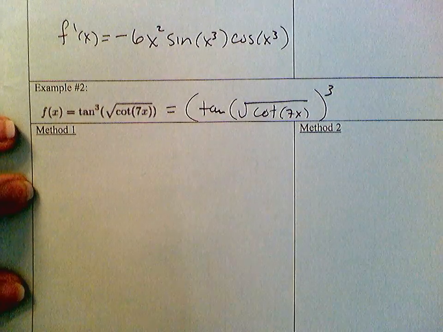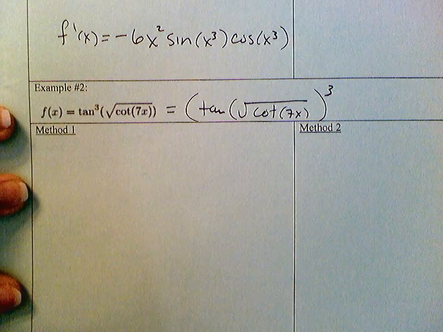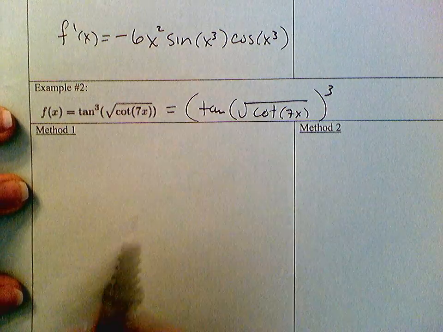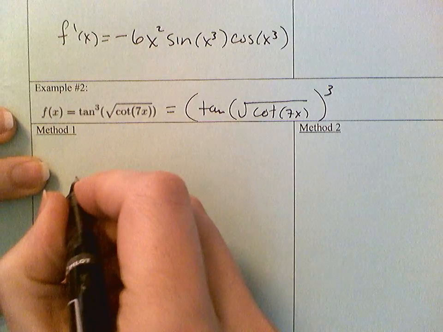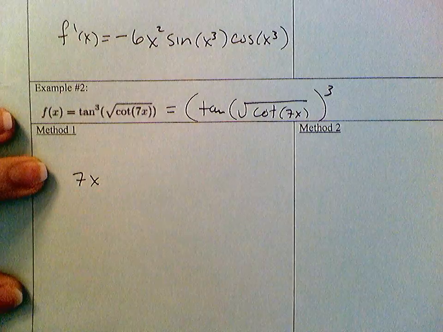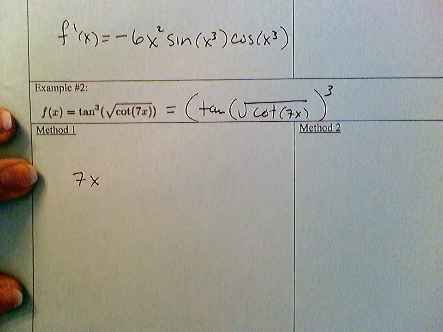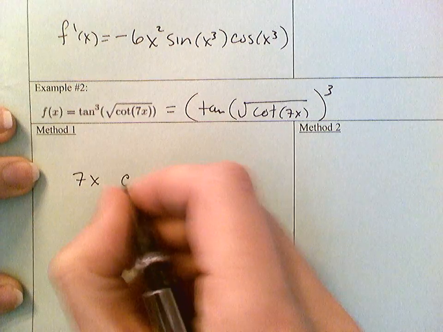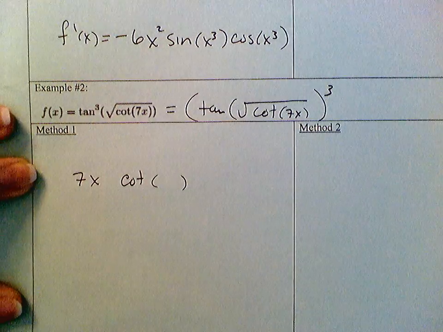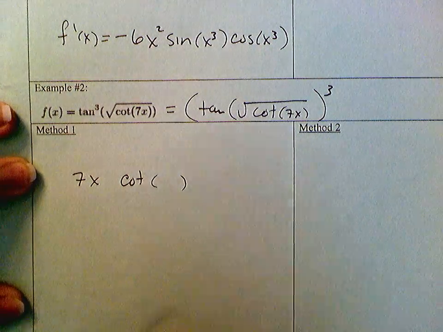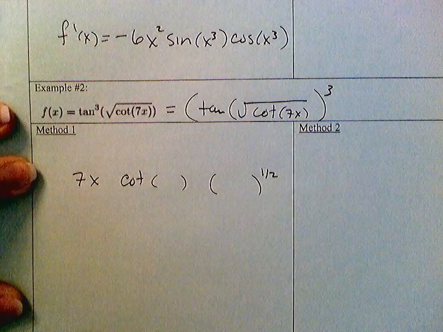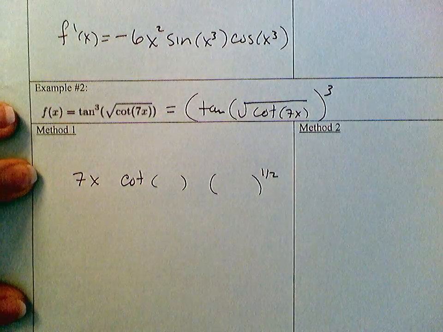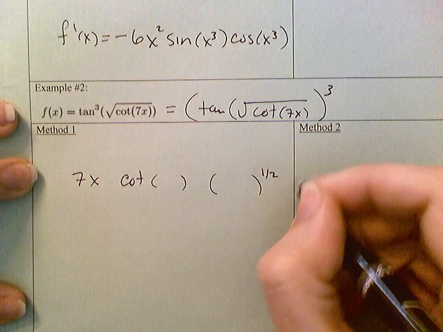All right, so I have got 7x. That is inside of cotangent of blank. That is inside of the radical, so I'll say blank to the 1/2. That is inside of tangent.